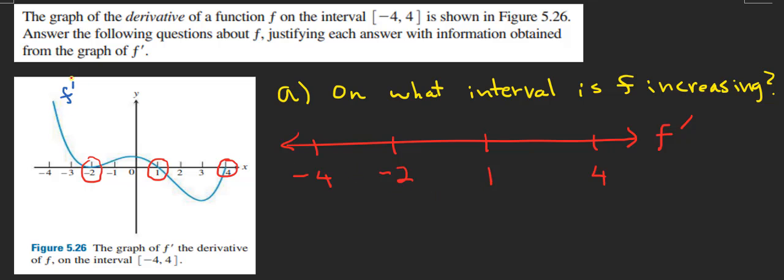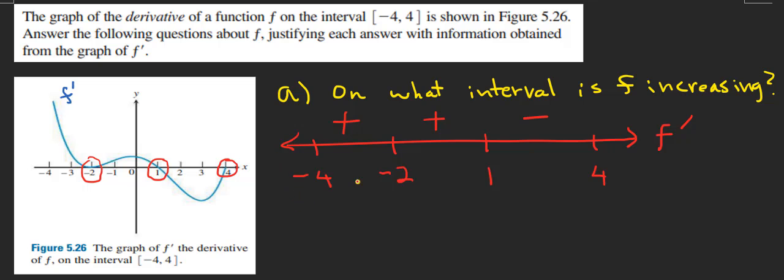Now, this is a graph of f prime. F prime is positive because the graph of f prime is above the x-axis. F prime is positive from -4 to -2. And it's also positive from -2 to 1 because the graph of f prime is above the x-axis. From 1 to 4, the graph of f prime is below the x-axis, which means f prime is negative.